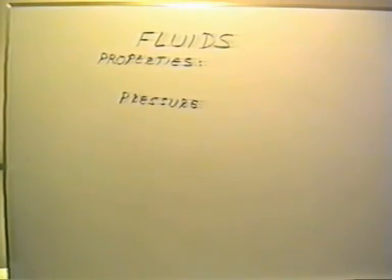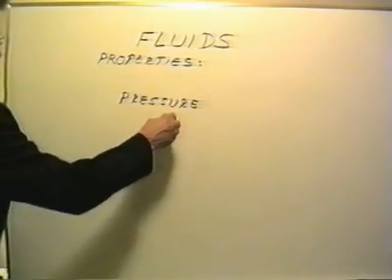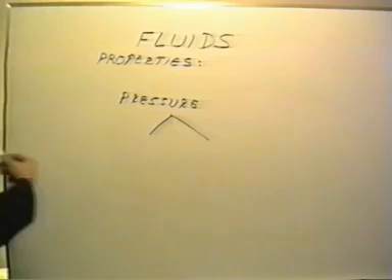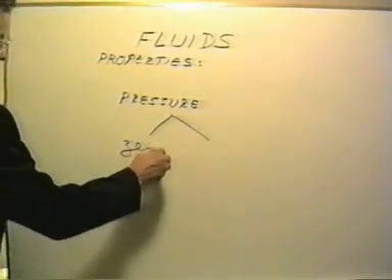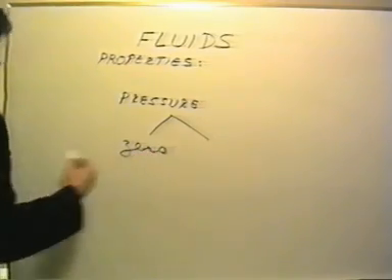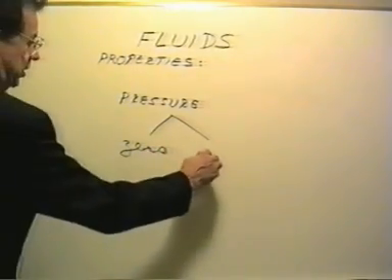When we speak of the pressure of a fluid, it's usually measured with respect to one of two possible references. So the pressure could be measured either with respect to 0, or it could be measured with respect to the atmosphere.